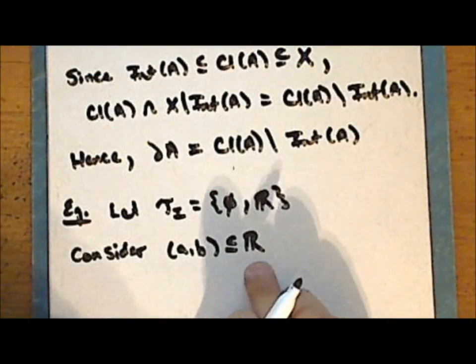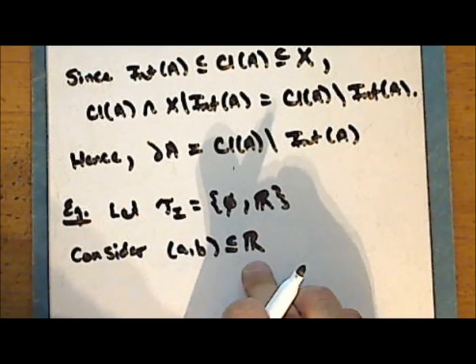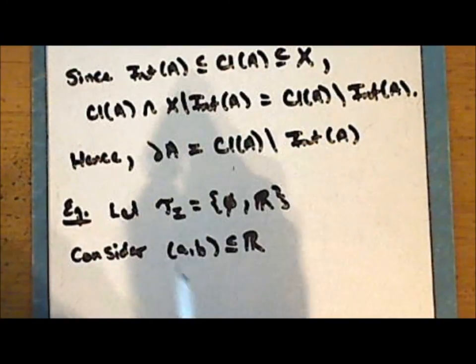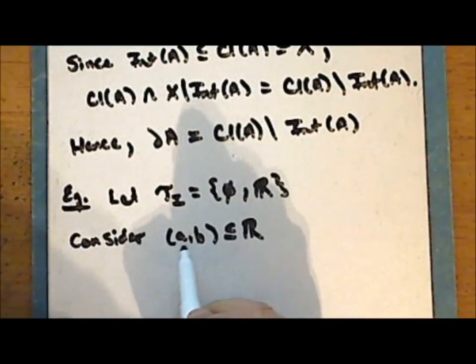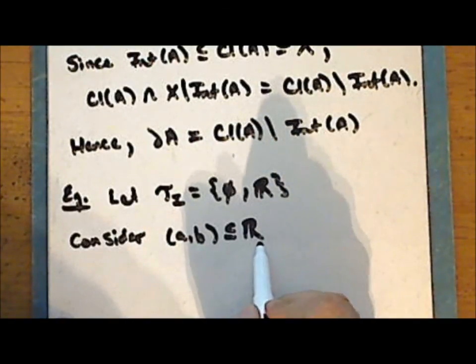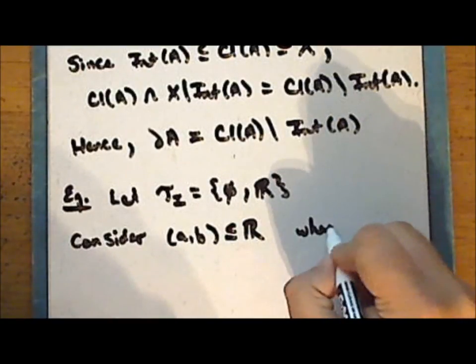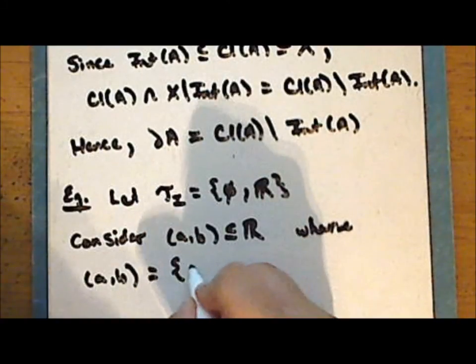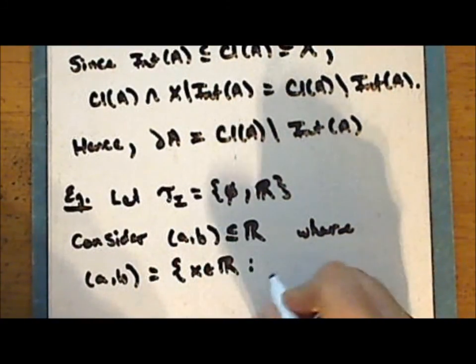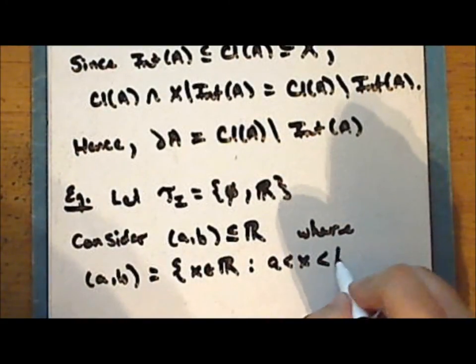Oops, I hesitate to call this the real line because to use the term the real line implies the standard topology, and here we're using the indiscrete topology. The subset of the set of reals, which in interval notation is this, where this interval is the set of all those real numbers that are strictly greater than a and strictly less than b.